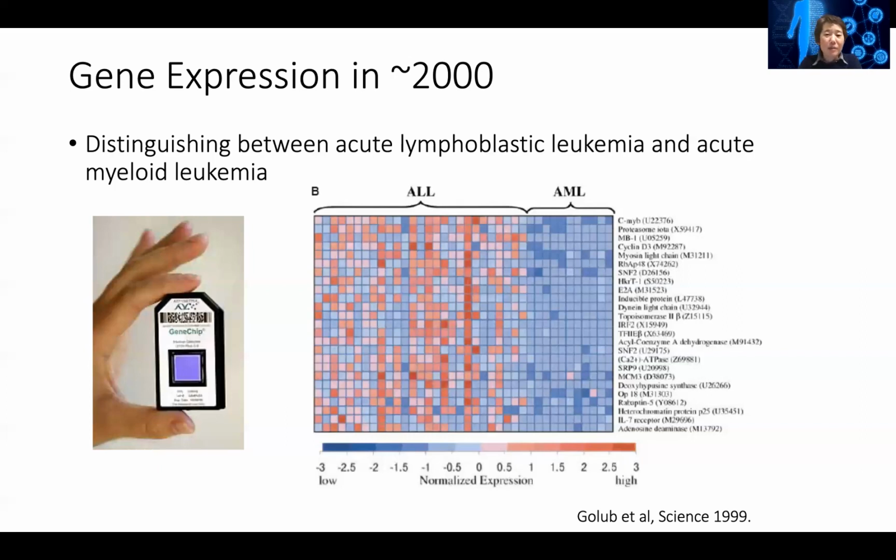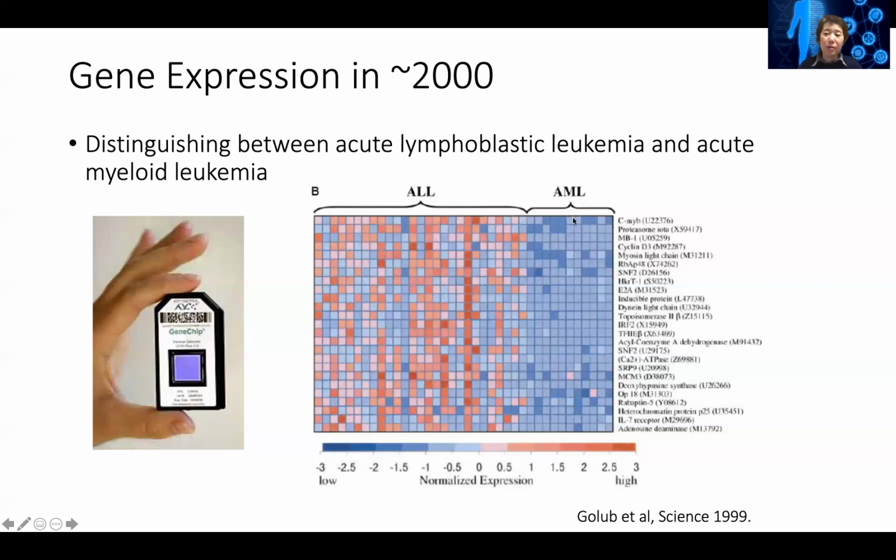And I remember this is a 1999 seminal study done by Todd Golub at the Dana-Farber Cancer Institute, where I'm a faculty member. Basically, there were two types of leukemia. One is acute lymphoblastic leukemia, called ALL. The other is AML, acute myeloid leukemia.